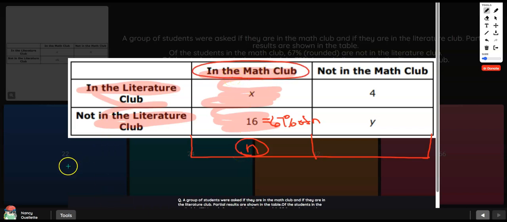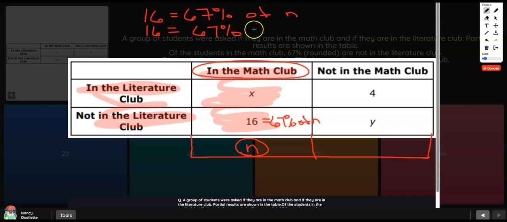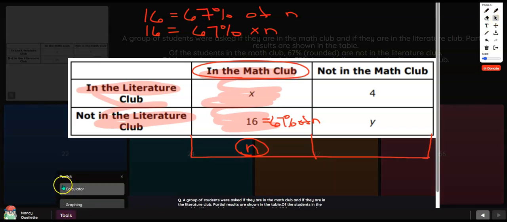Okay, so we're just going to set up an equation up here. 16 equals 67% of what number? And when we see a problem like this, the word "of" always means times in math. So 16 equals 67% times N, or 67% N. So I'm going to grab my calculator, and I need to take a look at the scientific calculator.